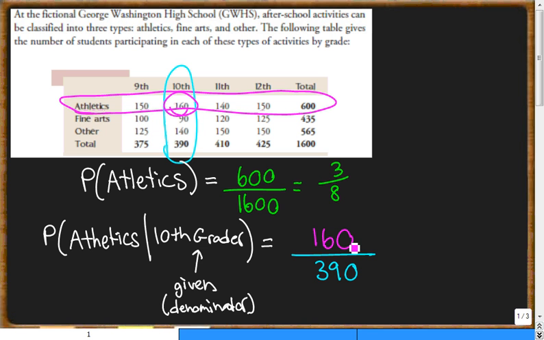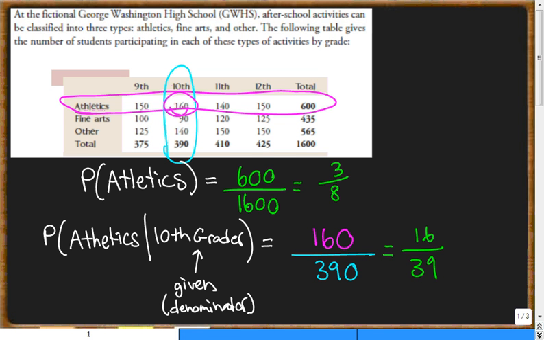So when we figure out what this probability is, 16 over 39, can I even reduce that? No. So we just get 16/39. It's pretty close to the probability of being in athletics overall, but this is more specific to the 10th graders participating.